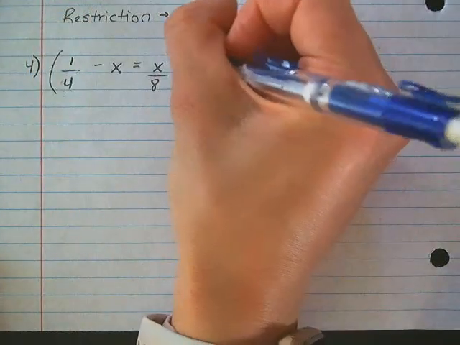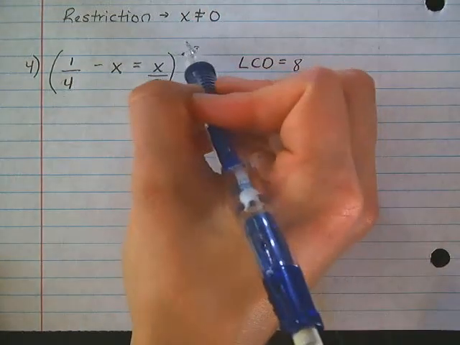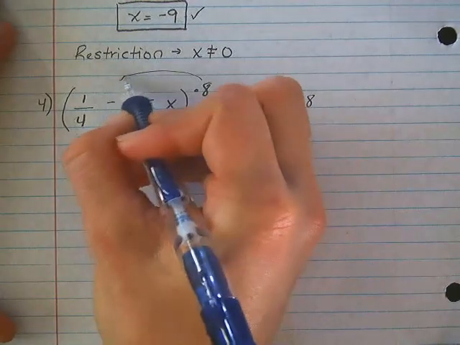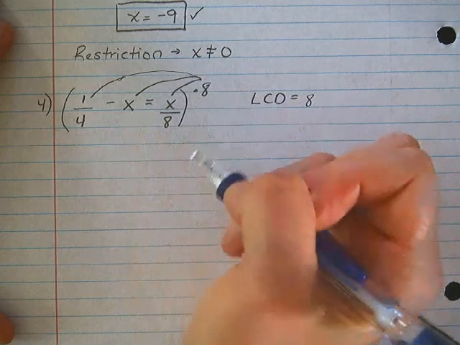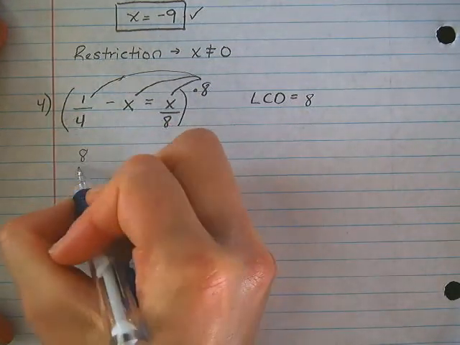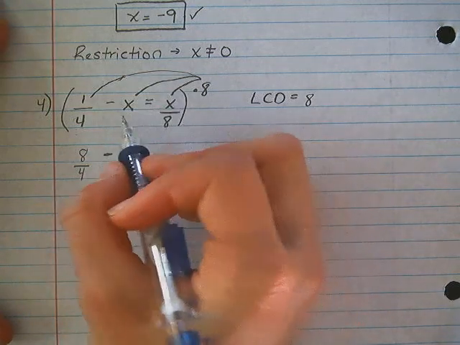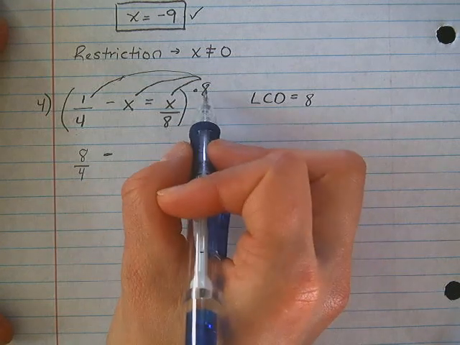So you just take the whole equation and you multiply it by that number. We distribute that number to all of the parts of the equation. So 1 times 8 is 8, and then I just bring down the 4 that's on the bottom, minus x, which is technically over 1, that's why I didn't really have to consider it.